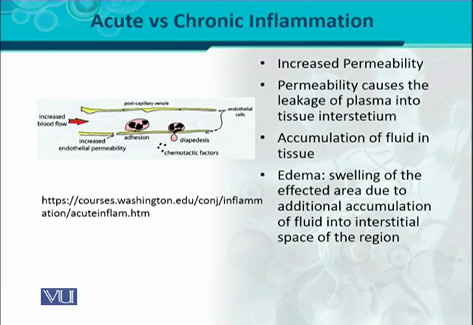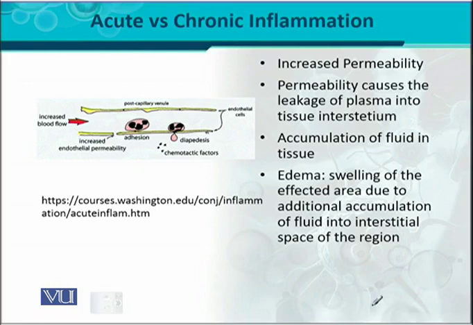Edema मतलब swelling of the affected area due to additional accumulation of fluid in the interstitial space or region. For example, here in this figure, you can see that this is the blood vessel, the capillary, and inside the capillary the blood cells are also there.